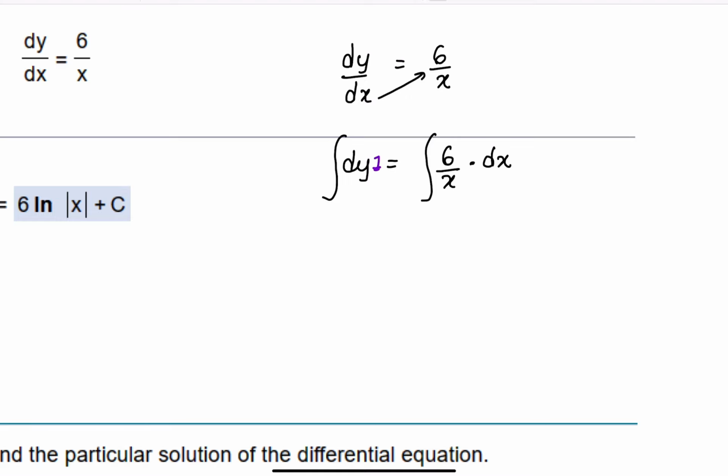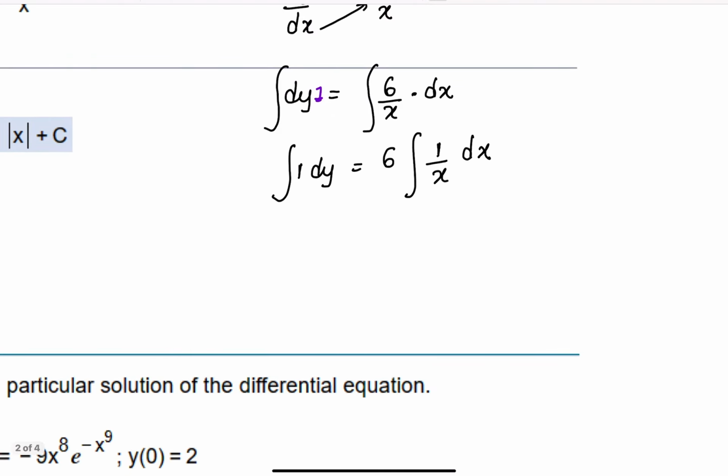So here I have integral of 1 dy is equal to 6 integral of 1 over x dx. So now integral of 1 is y. 6 integral of 1 over x is 6 ln absolute value of x plus c.